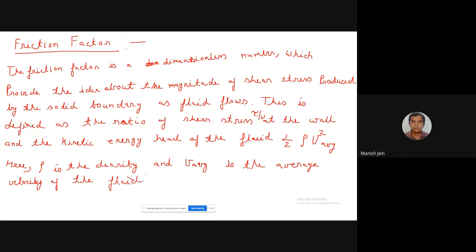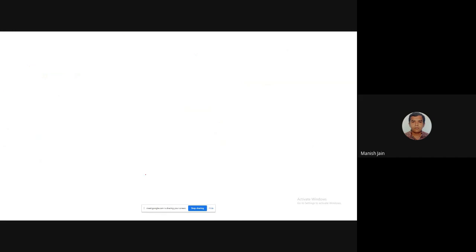Okay, now basically the friction factor is represented by F, and that is equal to tau W divided by 1 by 2 rho v square average.